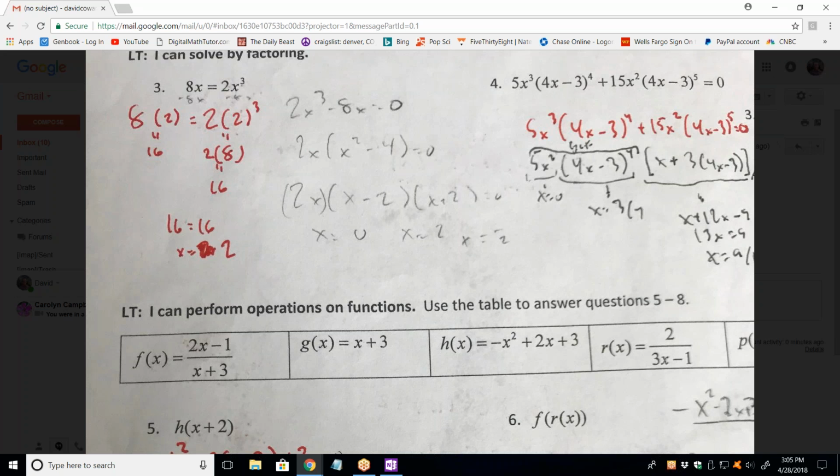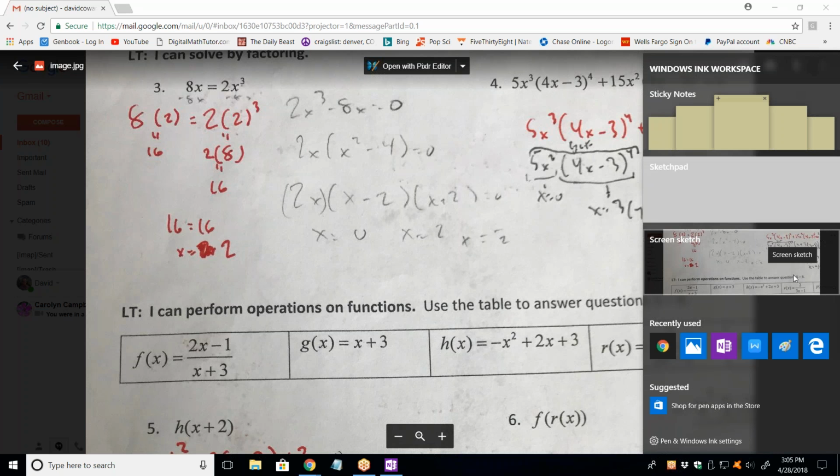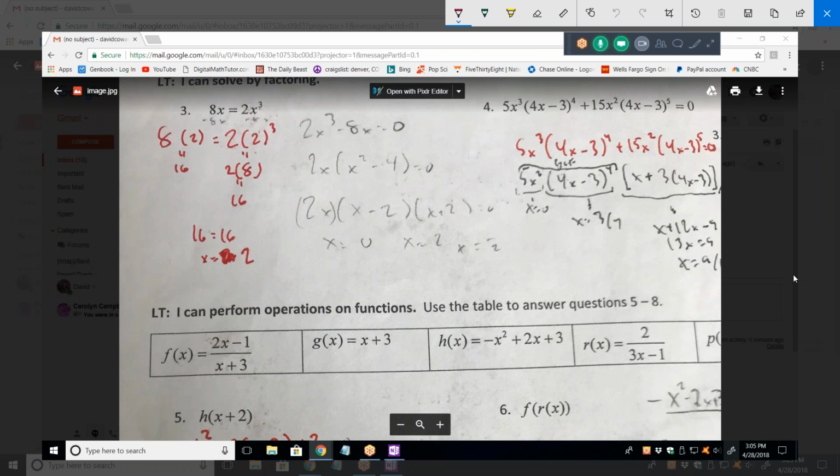So this one, you factor out a greatest common factor, which is 5x squared, times x, times 4x minus 3 squared.